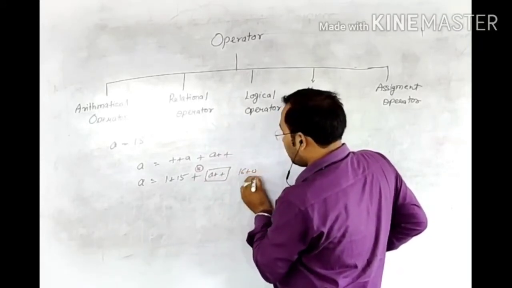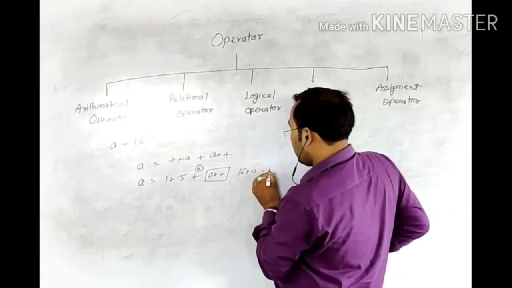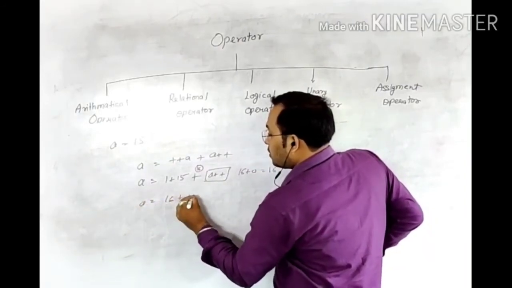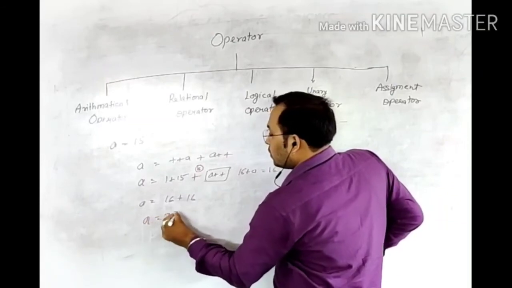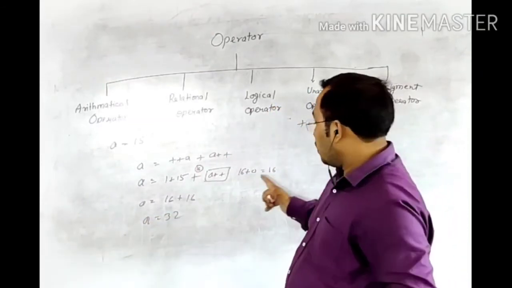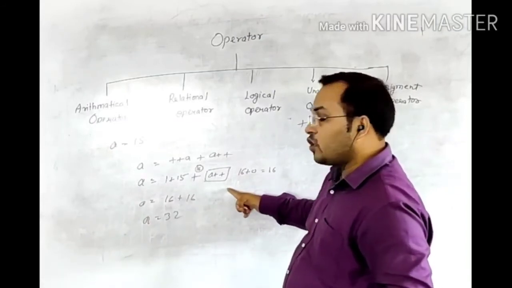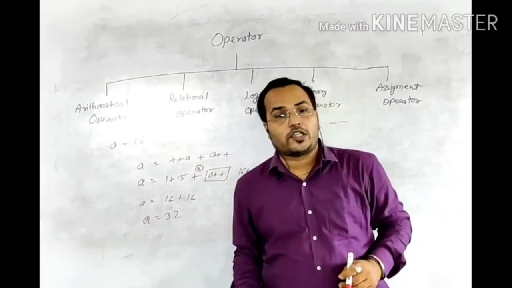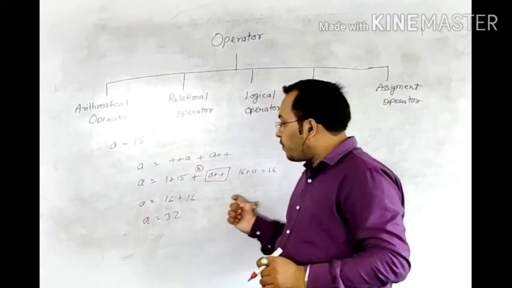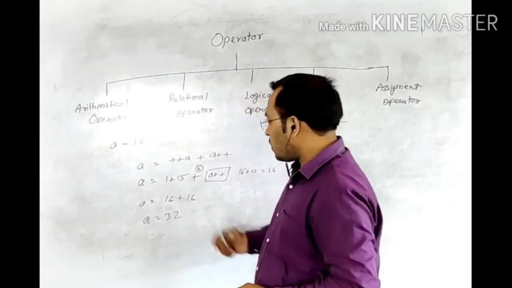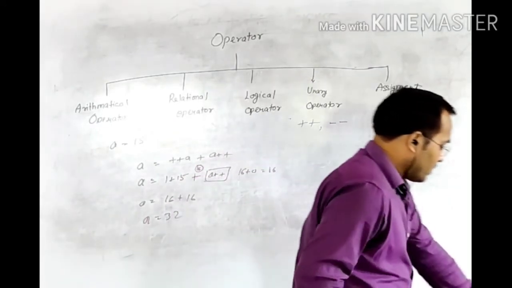So we will get 16 plus 16, a equals to 32. We will get this result. So 1 will not be added over here. It will be added in the next iteration. So don't be confused about it. I'll give you more about this in the next video class.